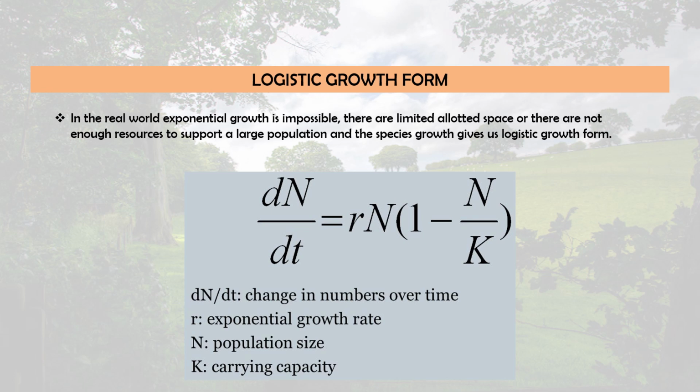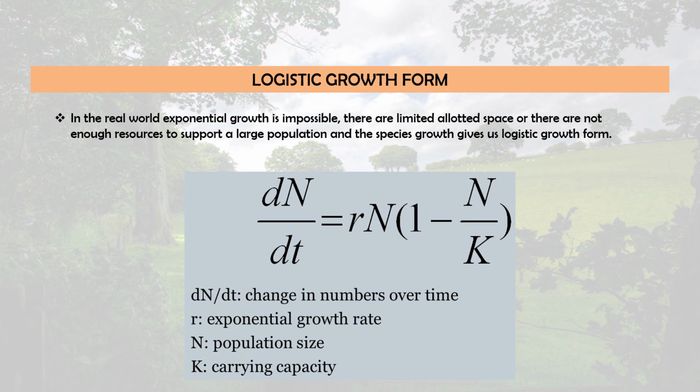When the size of a population is increasing in a logistic manner, the graph that we get is an S-shaped curve, and the logistic equation, dN by dt is equal to rN (1 minus N by K), gives us this S-shaped curve.